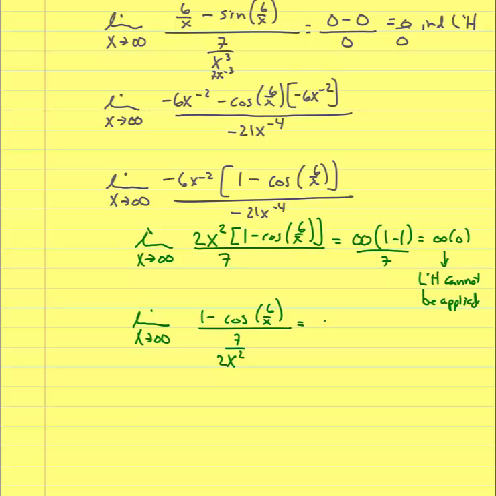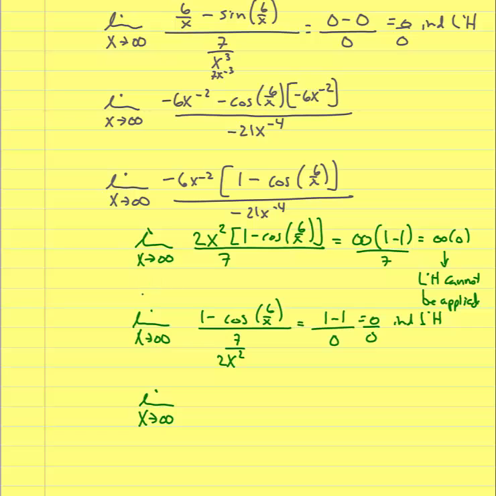Cosine of 0 is 1. 1 minus 1 is 0. And this denominator, 7 over 2x squared, as x goes to infinity, goes to 0. So this is 0 over 0, indeterminate, L'Hopital's. So I think, okay, well, I'll apply L'Hopital's again. So remember, this, I couldn't apply L'Hopital's. I had to rewrite this in some other way in order for me to get going again.